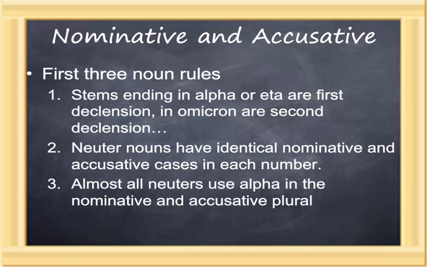Stems ending in alpha or eta are first declension, in omicron are second declension. We've seen that. That's pretty straightforward. Neuter nouns have identical nominative and accusative cases in each number. Okay, that sometimes makes them a little harder to translate, but as long as we know what's happening, we can work out the problems. And almost all neuters use an alpha in the nominative and accusative plural. That will help not only with the forms we have now, but also with the third declension, which we'll get to in a later lesson.